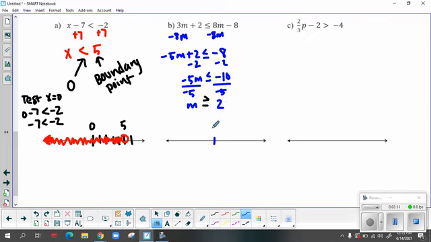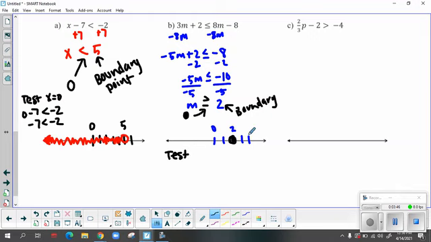So on my number line I'm going to put 0, and I'm going to put 2 and a few extras. I chose to put 2 on the number line because that's my boundary point. And I am going to choose a solid circle because we have the or equal to symbol. So a solid circle on the number 2, and the m is greater than or equal to, so I'm going to assume we should be shading to the right, but I'm going to test a point from that section to make sure.